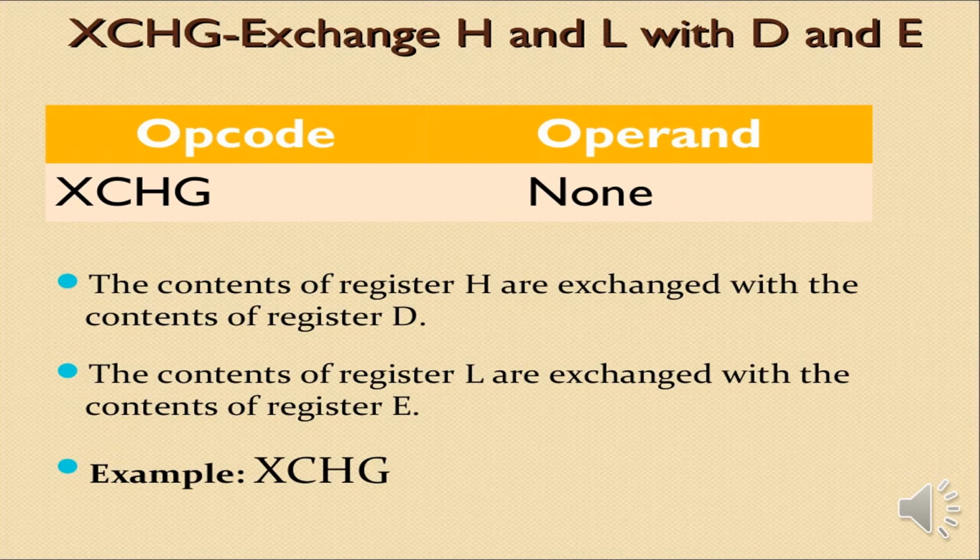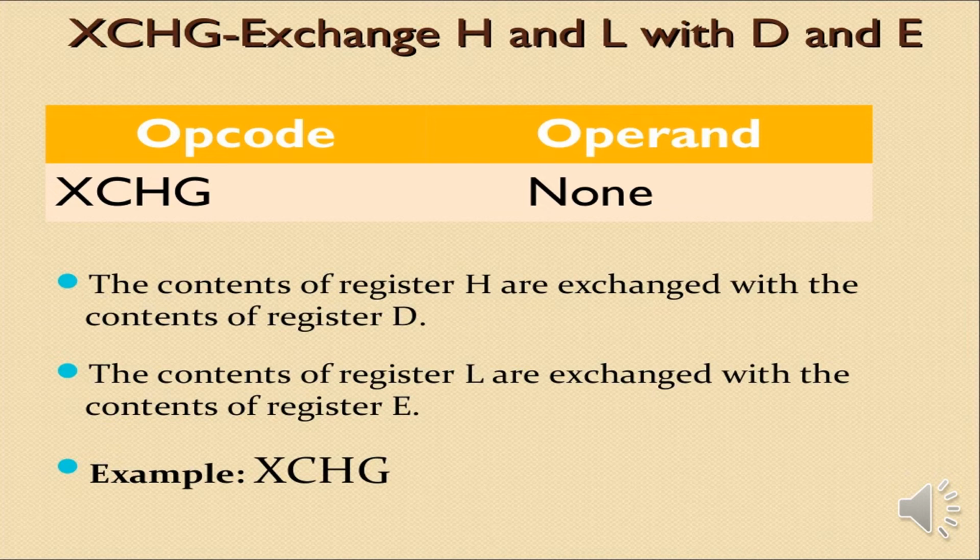So the H register gets the D register value, and the L register gets the E register value. Here the operand is none. The opcode is XCHG, which exchanges the data of HL with the DE register pair.